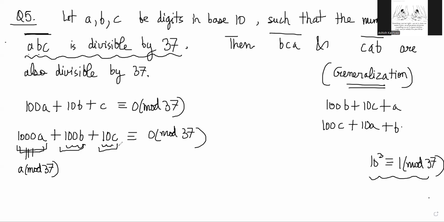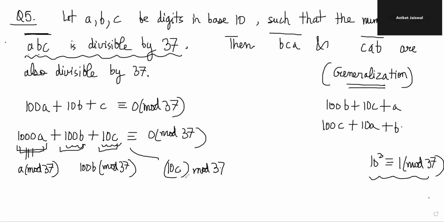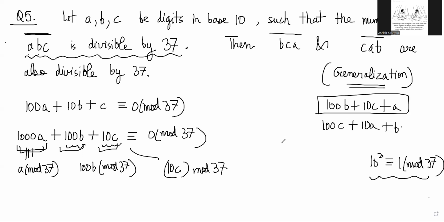This will be 10C itself mod 37. So what number is this in mod 37? 100B plus 10C plus A mod 37, which is what? 0 mod 37, which is BCA. BCA is 0 mod 37.